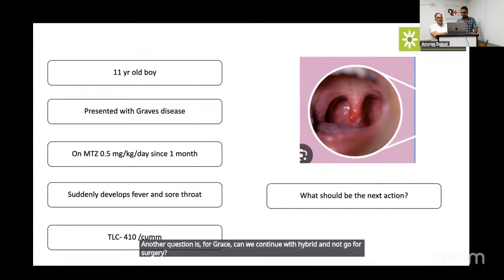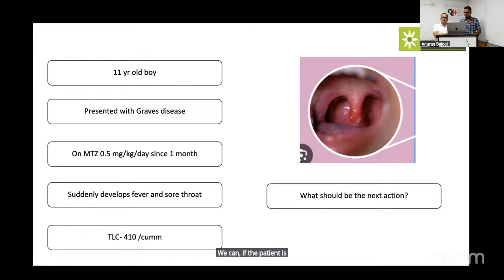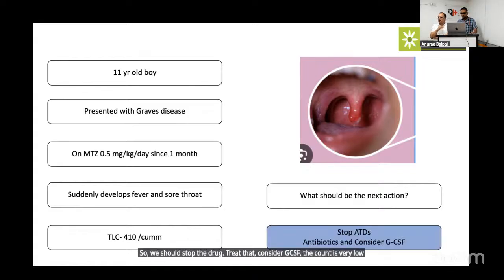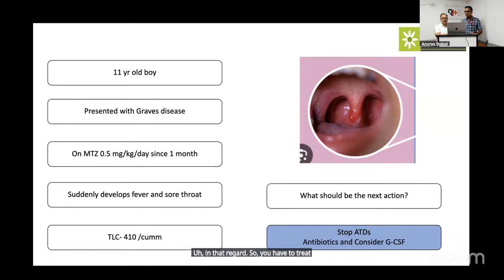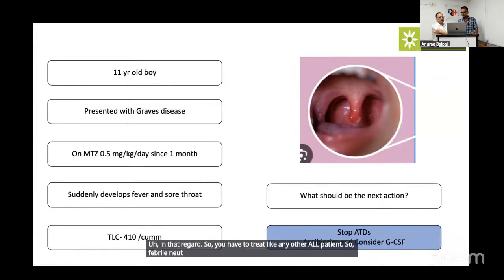We can. If the patient is on low dose, there's no issue, then you can continue. So we should stop the drug, treat that, consider GCSF, the count is very low, less than 500 ANC. So you have to treat like any other ALL patient. So febrile neutropenia, Dr. Aisha is mentioning.